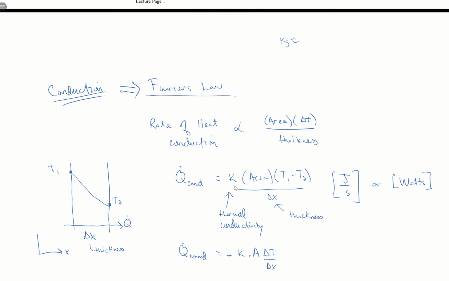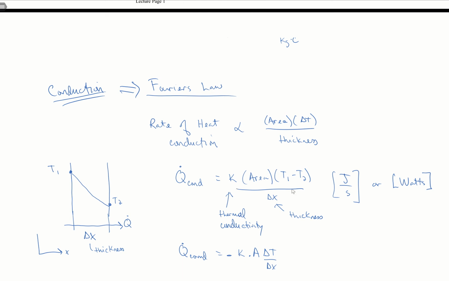What's important is that the material is adjacent and touching, so energy can be transferred through conduction. Again, the rate of heat transfer via conduction is proportional to the area times the change in temperature divided by the thickness, and the proportionality constant is the thermal conductivity K.